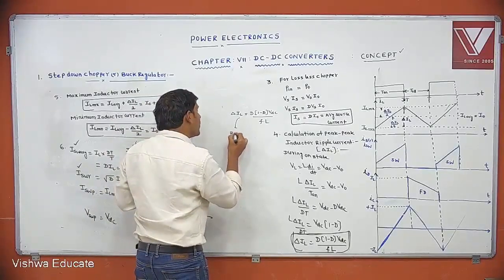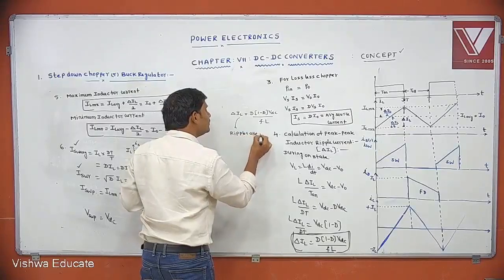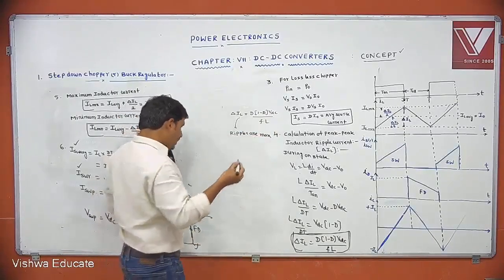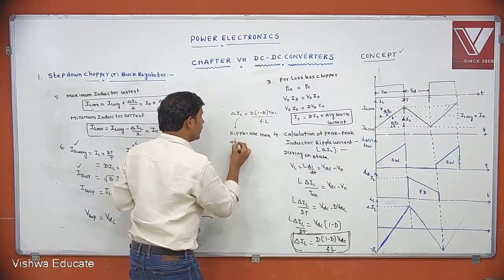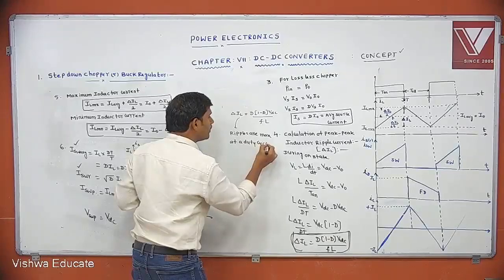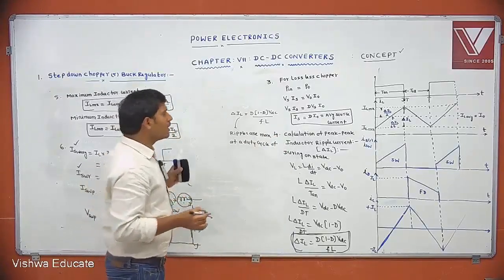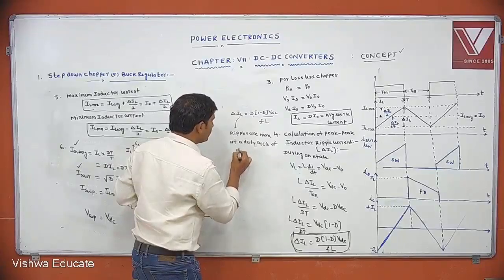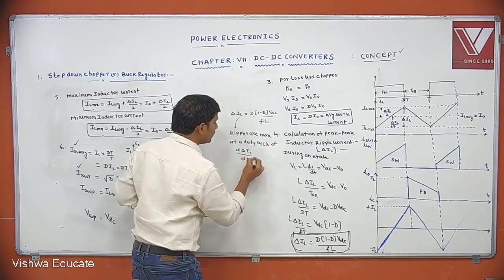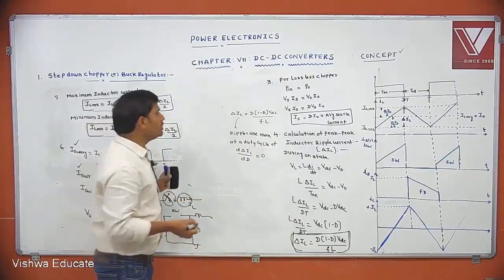Ripples are maximum at a duty cycle of what? If it is asked, then d delta IL by dD equal to 0. Differentiate with respect to duty cycle and equate to 0.